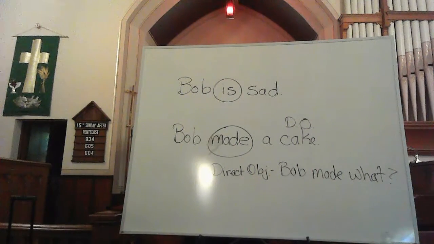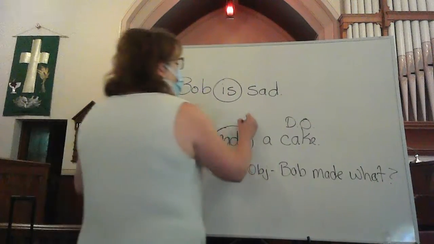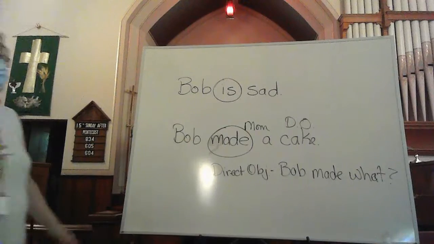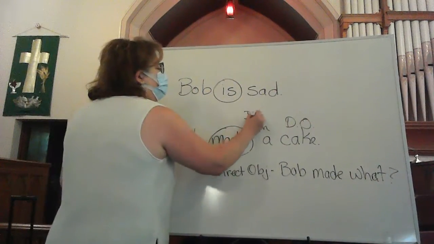Say it again. Is a noun or a pronoun that receives the action of a... Okay, so it's the person. So if I said Bob made Mom a cake, that's the indirect object because she is getting it.